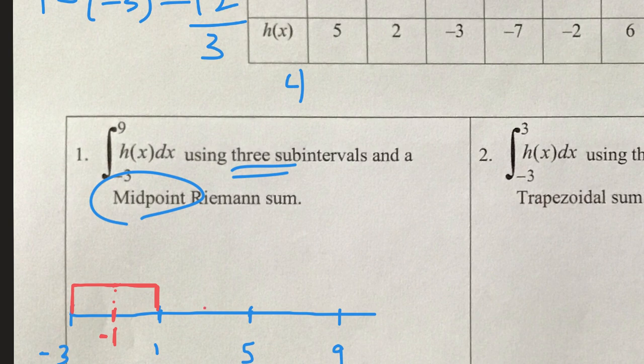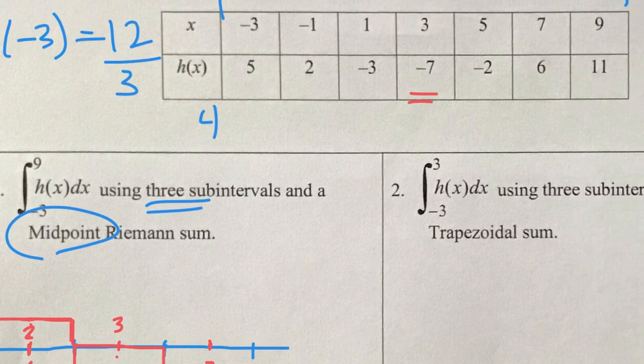What's the midpoint of 1 and 5? 3. And what's the y value for 3? -7. So I'm going to go down 7 units, and that becomes the height of my rectangle for the area between 1 and 5. -7 is that height, and this one is 2. And then the midpoint of 5 and 9 is 7.